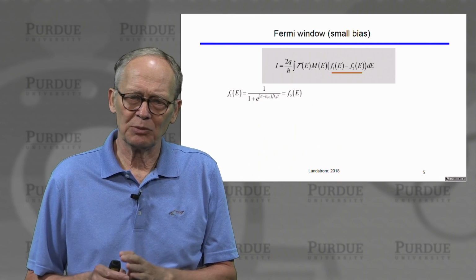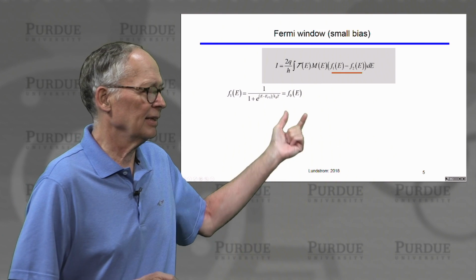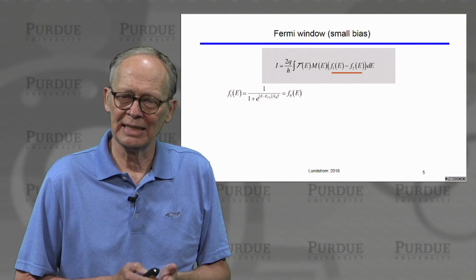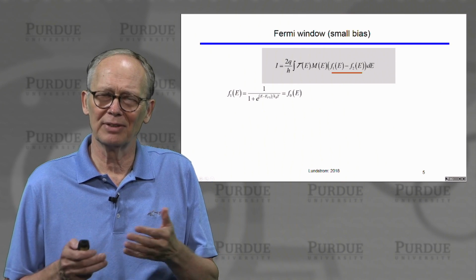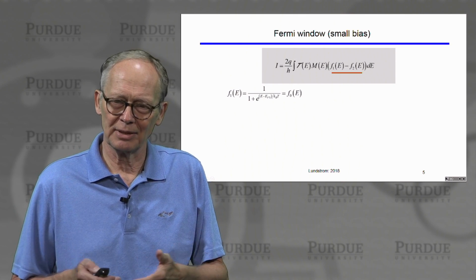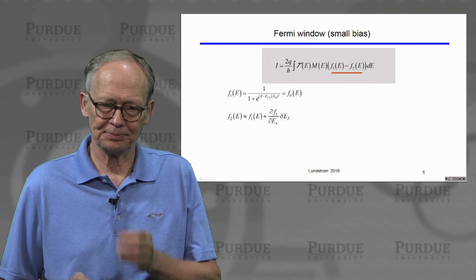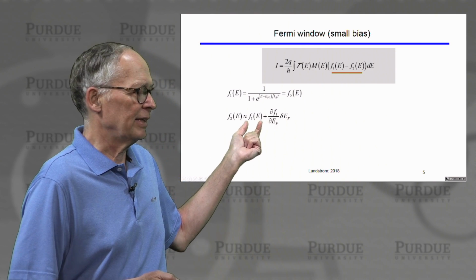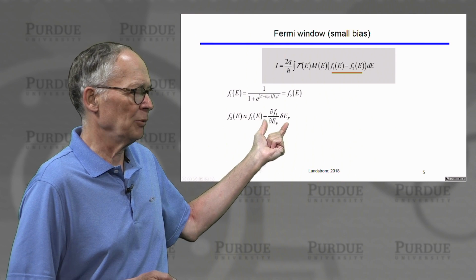And since we're near equilibrium, this is essentially the equilibrium Fermi level. Both the Fermi level in contact 1 and the Fermi level in contact 2 are very close together, close to where they were in equilibrium.